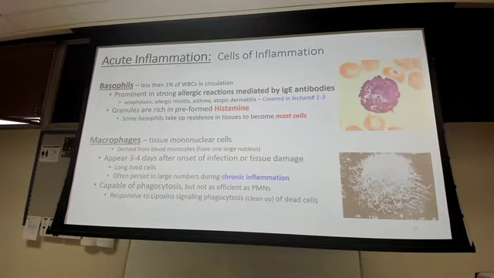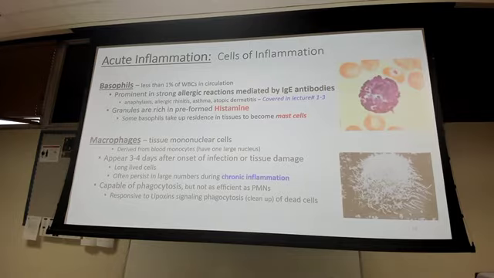All right, basophils. These are very prominent when we have allergic reactions. We'll talk about this in our next lecture, but basophils have these little attachment sites for IgE antibodies. IgE antibodies are very important for attaching to our basophils, because when they attach, the basophils release their granules, which contain a ton of histamine.